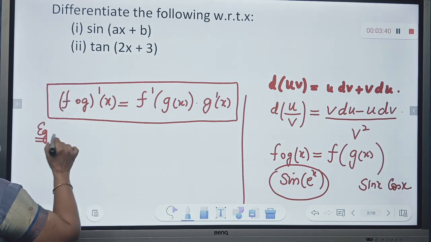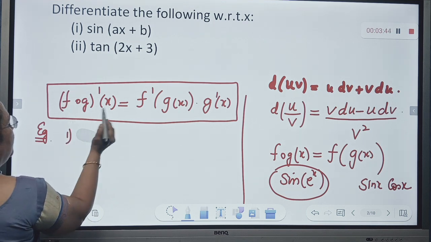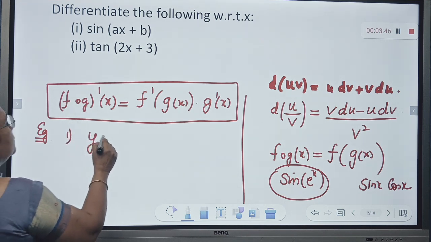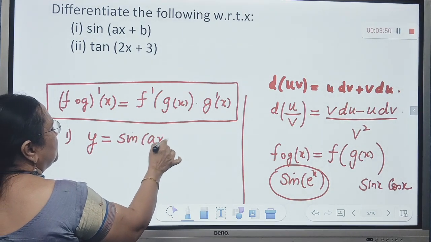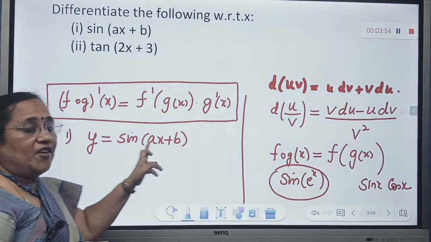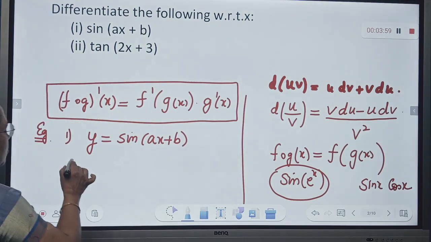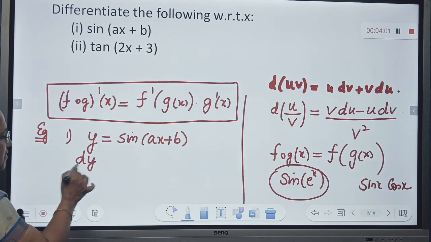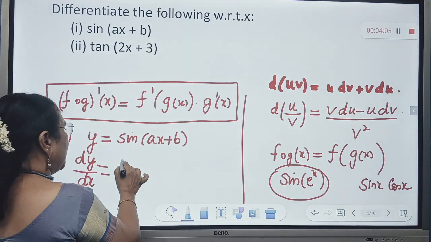Let us look at these examples. First, let y be equal to sine of ax plus b. This is a composition of the sine function and the linear function ax plus b. So dy by dx is cos of ax plus b.